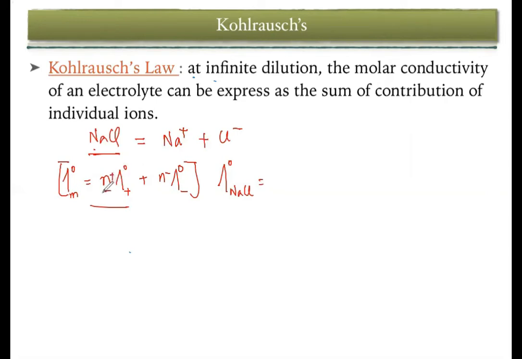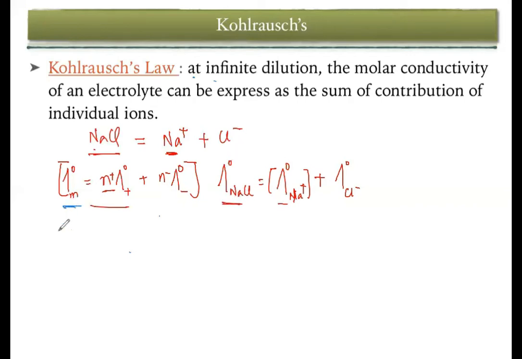The positive cation is 1, so that is 1 into lambda Na plus naught plus lambda Cl minus naught. These values will be given in the exam and we just have to add those values and we can find out the molar conductivity of NaCl at infinite dilution.